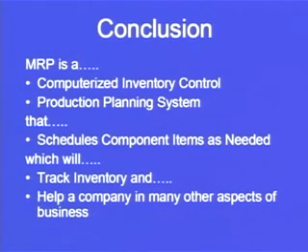This we have already covered in this lecture, which will track inventory and help a company in many other aspects of business. So finally we can say that MRP is useful to the companies. Similarly, advancements like MRP2 and ERP have been able to link manufacturing with other areas of business such as finance and marketing. So we have seen that there are so many other packages available, which we will discuss if possible in next lectures. Thank you.